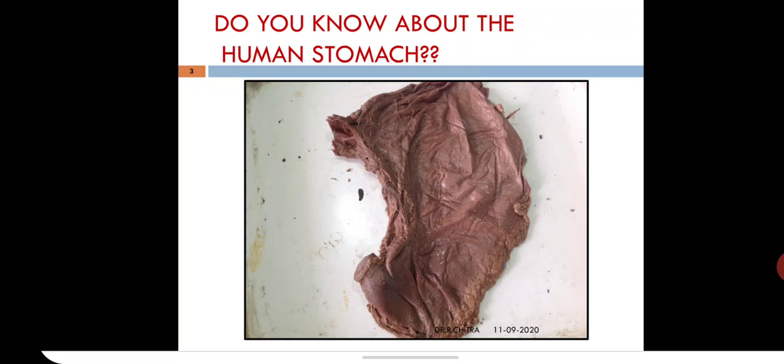That opening in the upper part is called the cardiac opening. Above that is the fundus. It is filled with air. Whenever you eat more, that part is also filled, and then the air comes out through the esophagus, which we feel as belching. When we eat full, we get belching. The next part is called the body, and the last part is called the pylorus, which is the thick part.